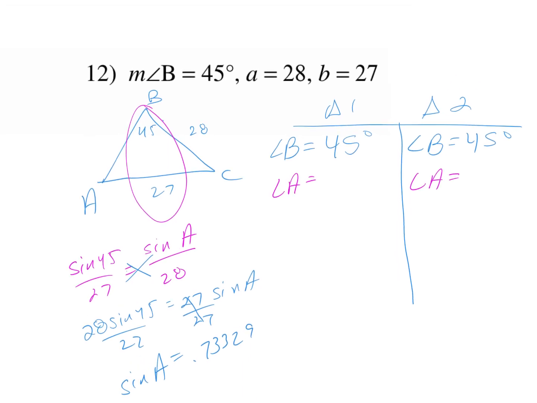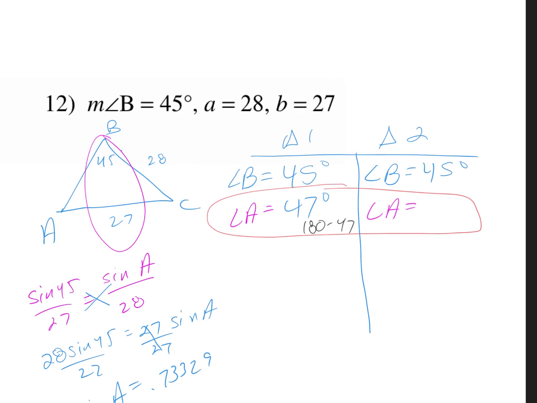You guys agree? Okay, so 47 degrees. So if there is an angle A in a second triangle, how would I figure out what that measurement was? I'm going to say 180 minus 47. Well, 180 minus 47 is 133.